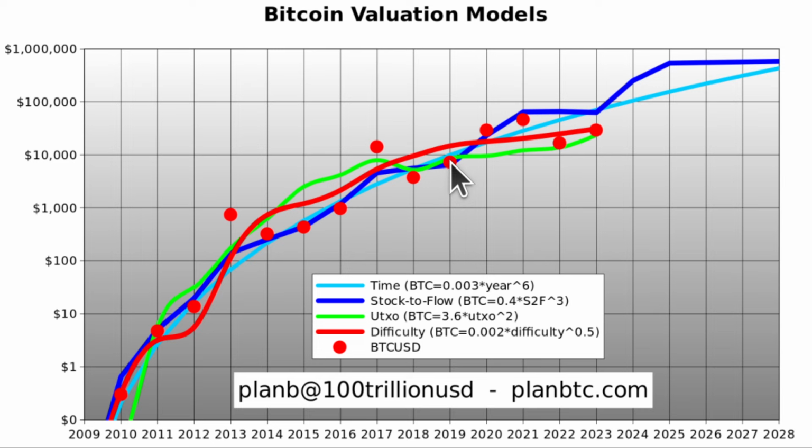Now, some people have a very emotional reaction to the stock to flow model for some reason. They say it's invalid and it's broken. And that's because the price right now is very much below the model. But somehow, for those people, the time model is not broken.